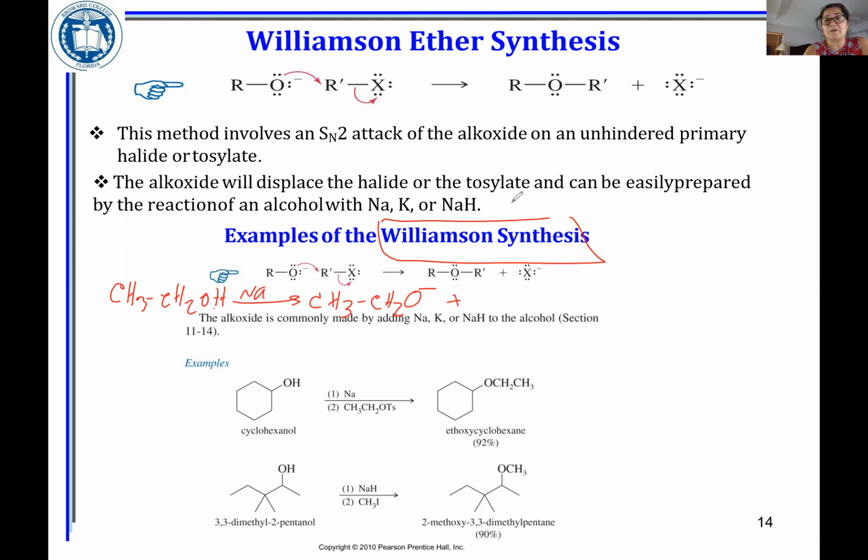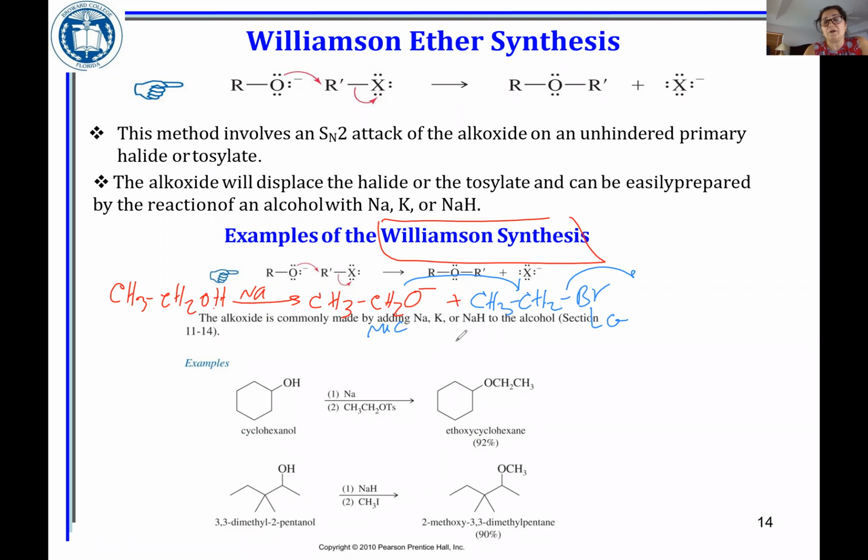So you bring your alkoxide and make it react with an alkyl halide, and this is going to be a substitution reaction. You have your nucleophile and you have your leaving group. For an SN2 reaction, the nucleophile is going to attack and the leaving group is going to leave. So a new bond between oxygen and carbon is going to form.